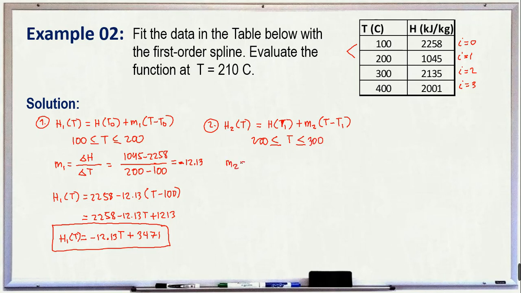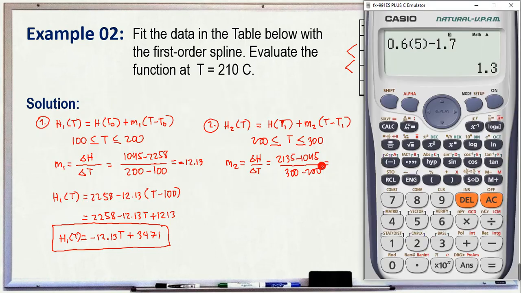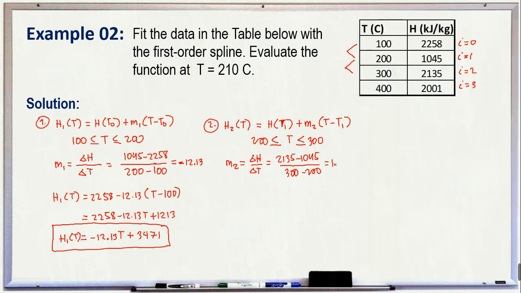For our second slope, change in h over change in temperature: 2135 minus 1045 divided by 300 minus 200. So what is it, class? How much did you get? 10.9, positive.